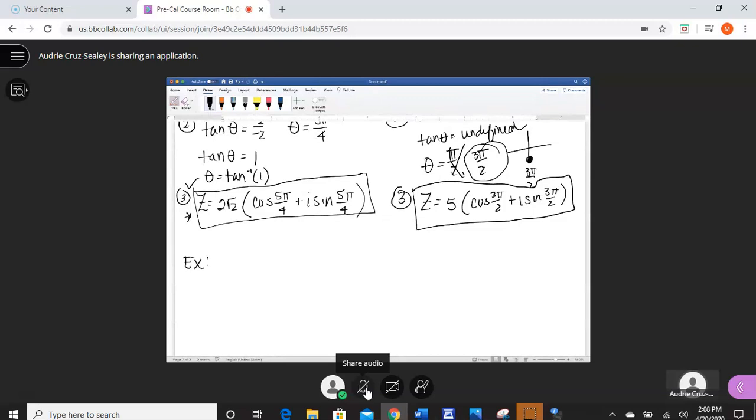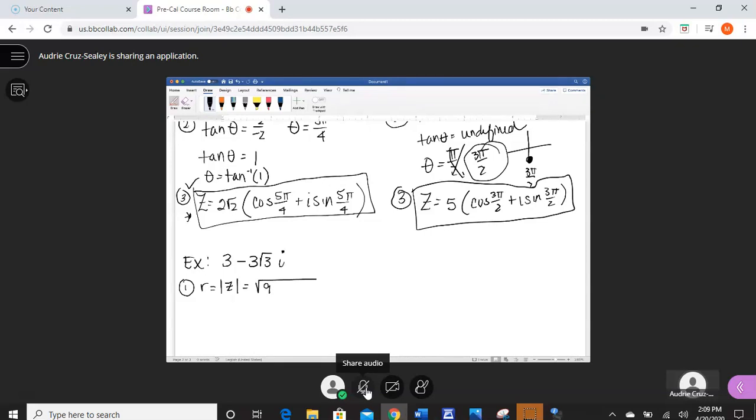Example. What if we had 3 minus 3 square root of 3 i, and I wanted you to write this in polar form? Number 1, we'll find r by finding the modulus of z.